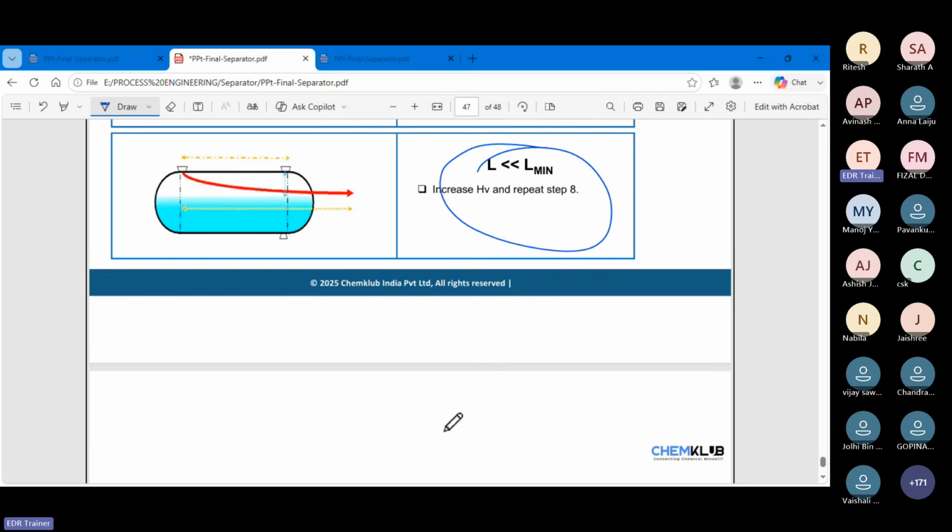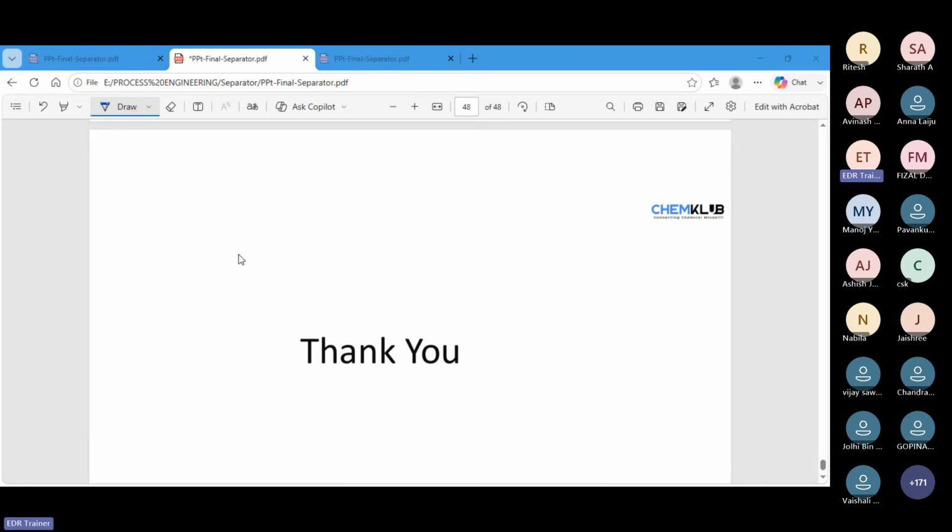We have to follow the same equations. So let me show you the calculation if I have for the two-phase separator.